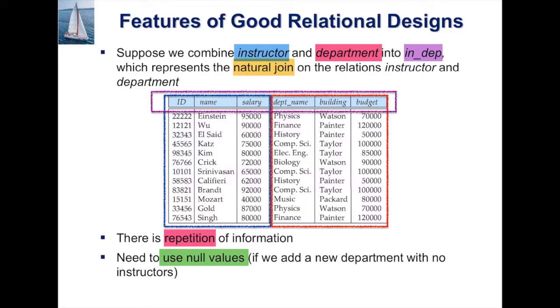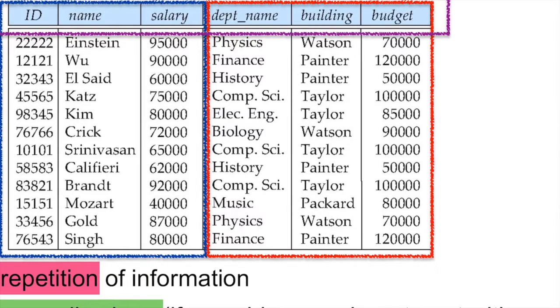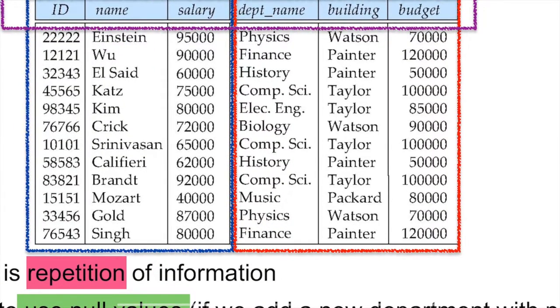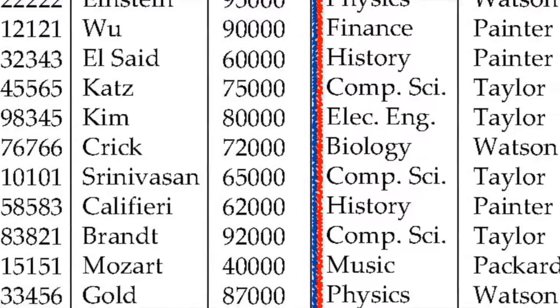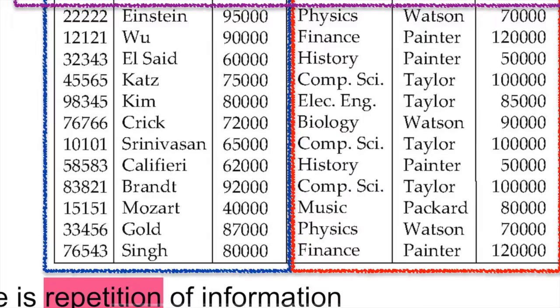So, one thing that we could notice in this particular table is that there is repetition of information. If you look at the department side, yung computer science Taylor 100,000 part is repeating. So that is true for all the computer science instructors. Makikita nyo yan kay Katz, kay Srinivasan, and kay Brandt.